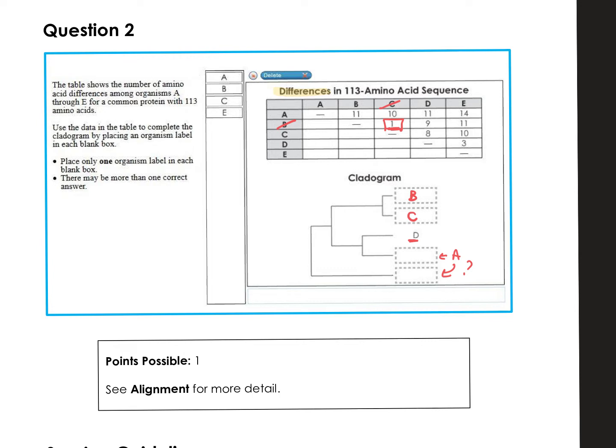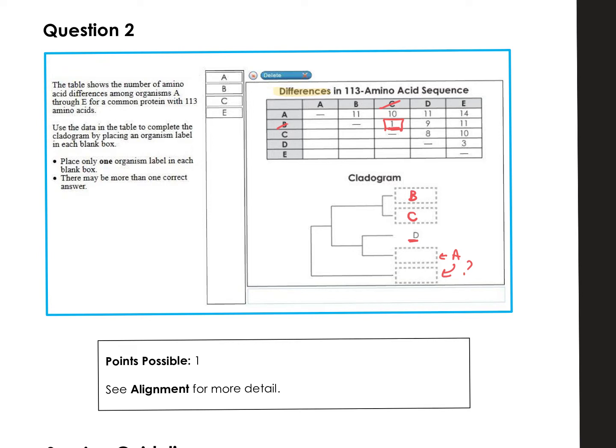How closely related is, let's see, which one's left? Well, how closely related is E, which is the other one, to D? E and D share 3, so they're really closely related. Where A and D have 11 differences.